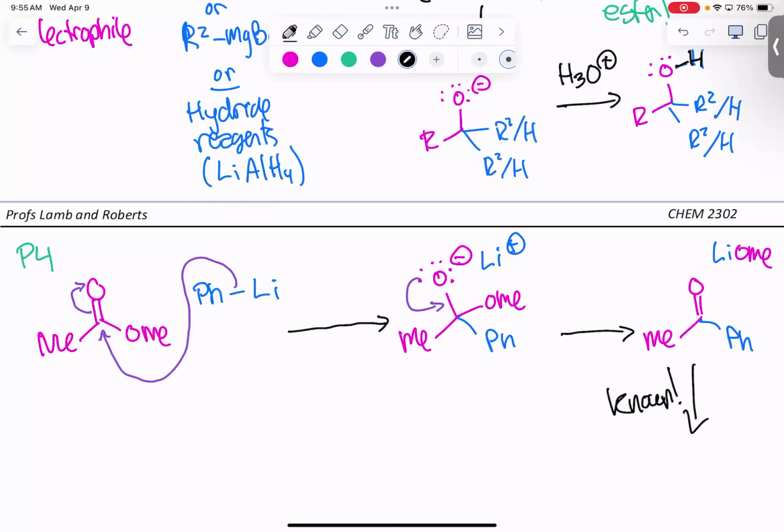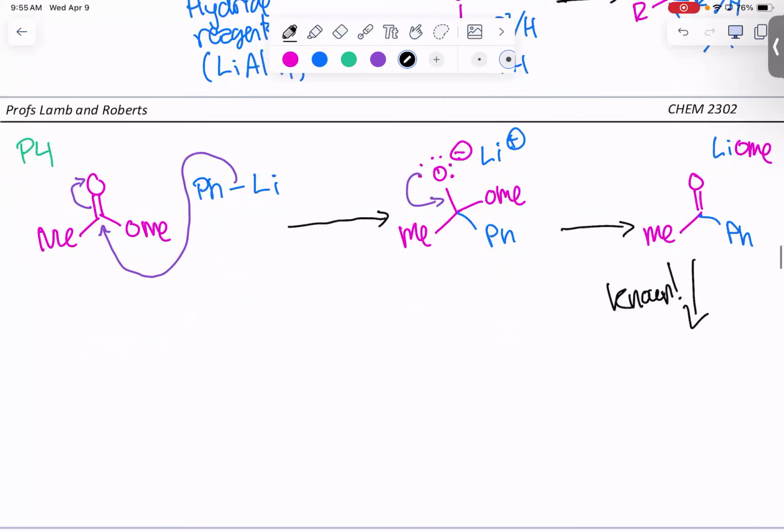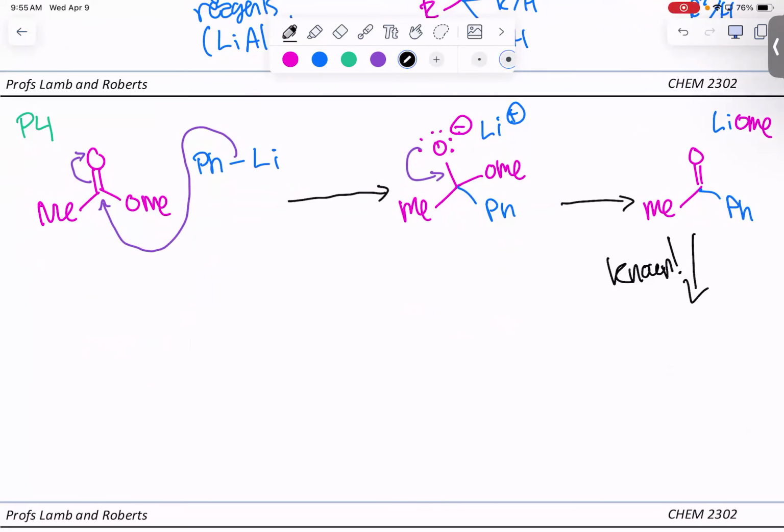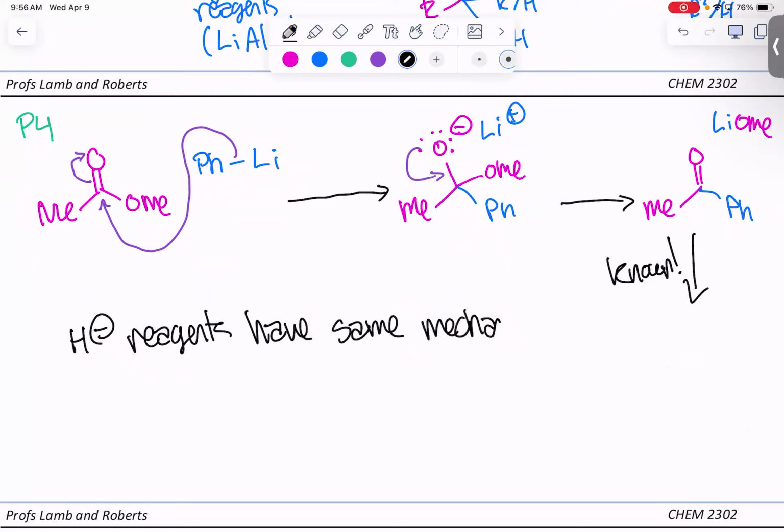Right, you know that we can add those Grignard reagents or those organolithium reagents to our ketone to be able to get down to our product. Right, hydride reagents act the exact same way. Hydrides, that anionic H minus, so H minus reagents have the same mechanism. All right, that's all that I have for you today.